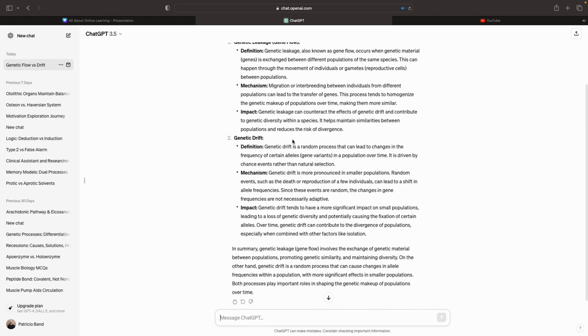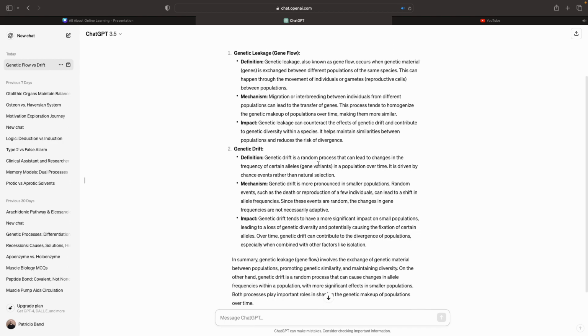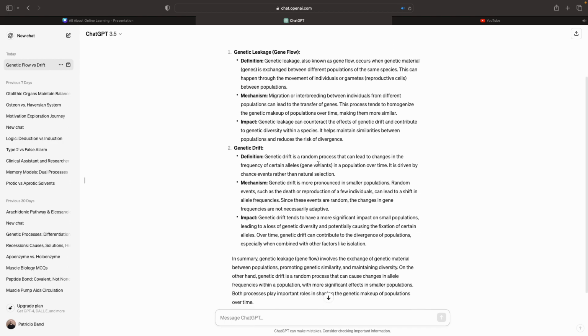Genetic drift is a random process that can lead to changes in the frequency of certain alleles in a population over time. It is driven by chance events rather than natural selection. Ooh, so genetic leakage is kind of like natural selection, the interbreeding that happens. But genetic drift is totally by chance.